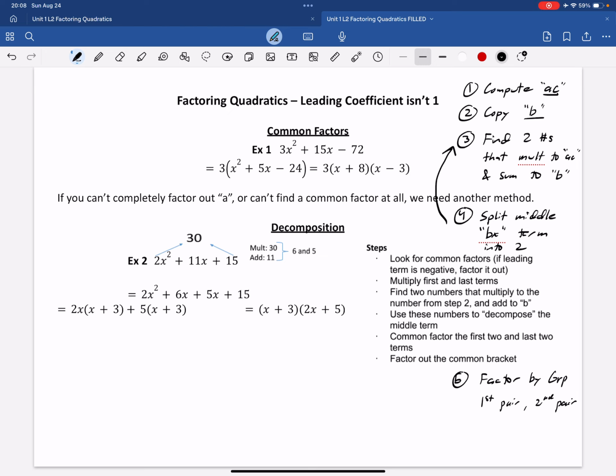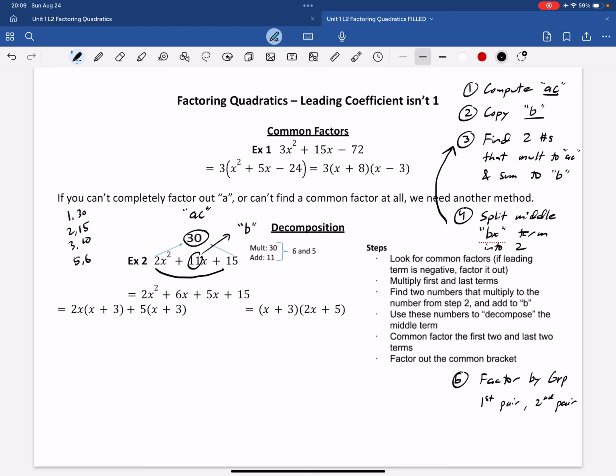That's exactly what they're doing here. Good. So let's look at this. 2 times 15 is 30. That's our AC. And then 11 is our b. You can write it out on the side: I got 1 and 30, I got 2 and 15, I got 3 and 10, and I got 5 and 6.